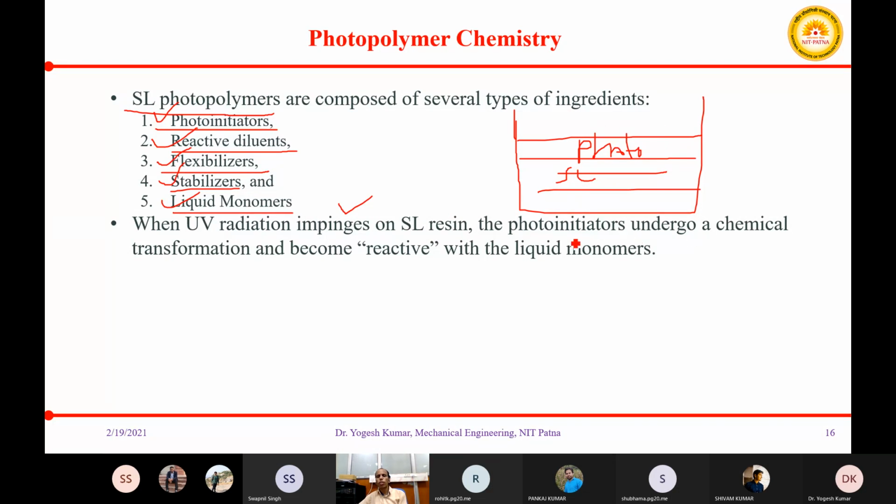The photoinitiator undergoes a chemical transformation and becomes reactive with the liquid monomer.